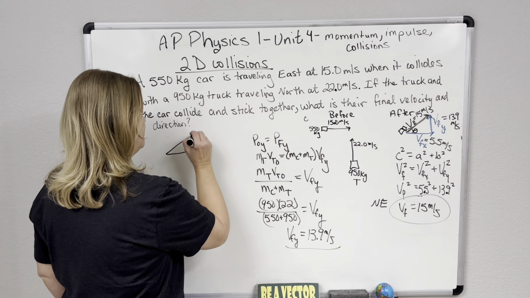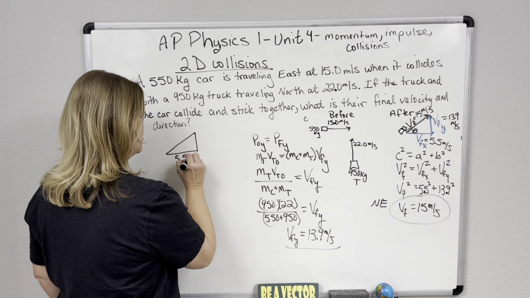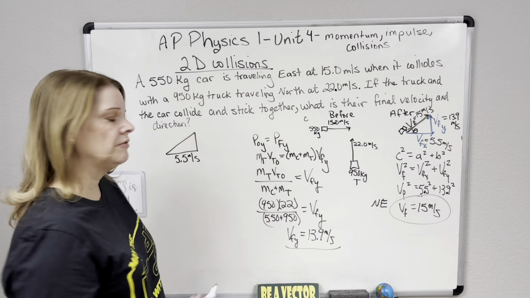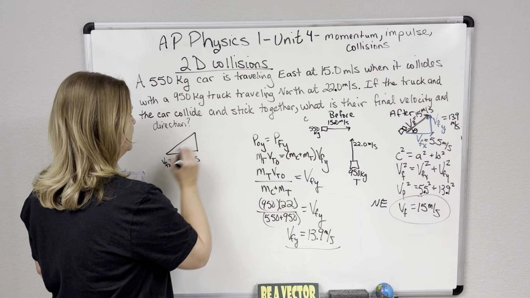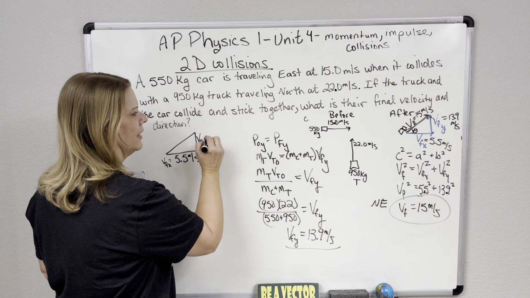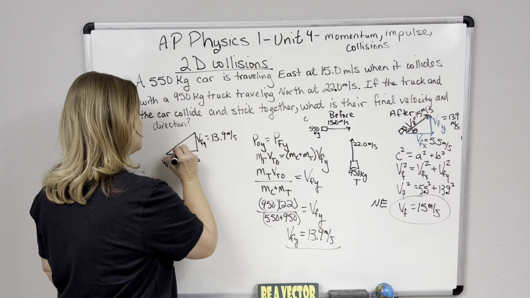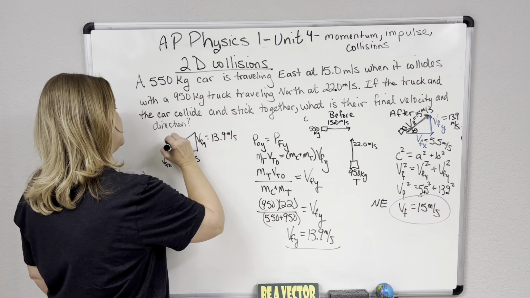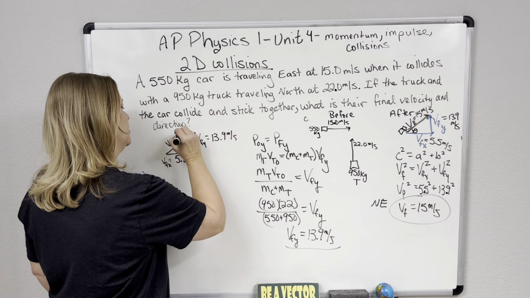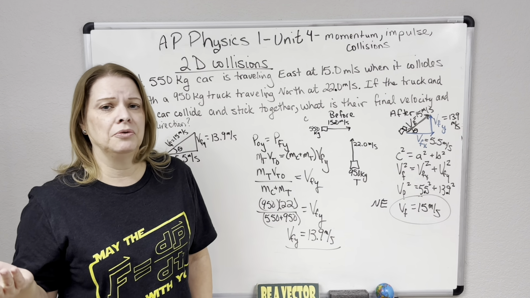I have my 5.5 meters per second, my horizontal final velocity. This is final velocity in the x. And the final velocity in the y, again, was 13.9 meters per second. I'm looking for theta. Now, I already also have my final velocity here, my hypotenuse. So you could do sine, cosine, or tangent. Any of it works.